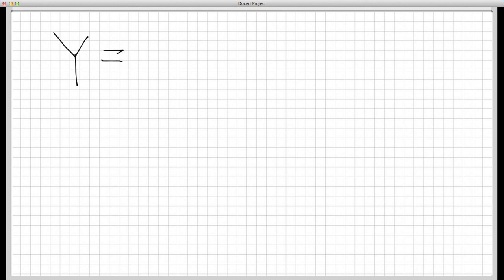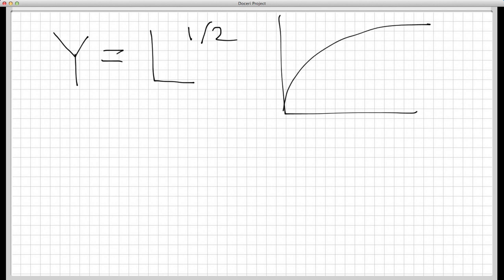We said in the last couple of videos having to do with labor that output was a function of L to the 1/2, and we saw that that function looks like this. Putting in more L resulted in relatively less Y for each L you put in. The idea is kind of intuitive. It's like saying once you have more people in the factory, each additional person contributes relatively less to output.